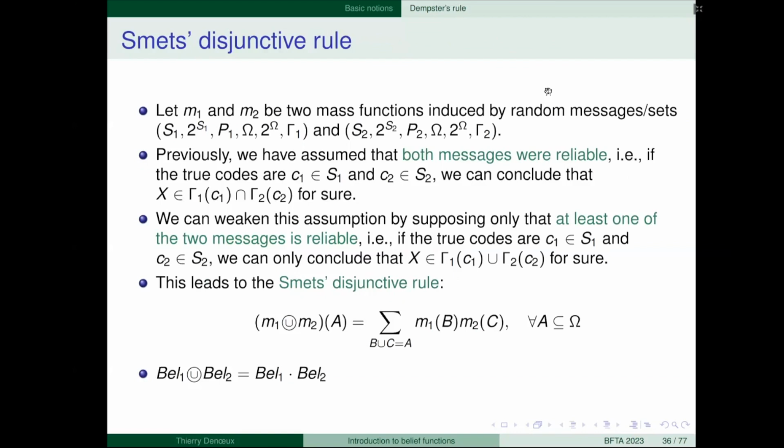You get a new belief function. This new belief function is less precise, less specific, like when you take the union of two sets, you get a set which is larger. So you can easily imagine that if you combine a lot of information like this, every time it's less precise. So it's like you have a kind of dilution of information. The more you combine information using this rule, the less you know in one sense, because your mass function becomes more imprecise.